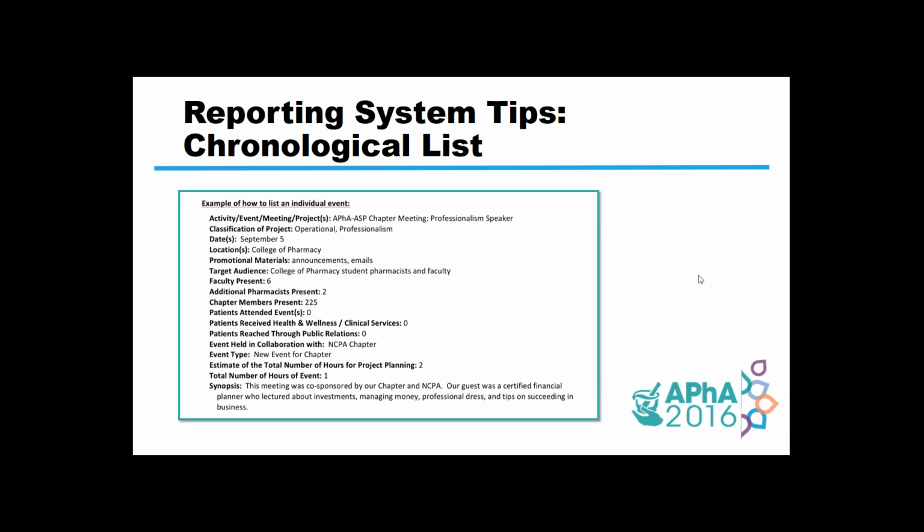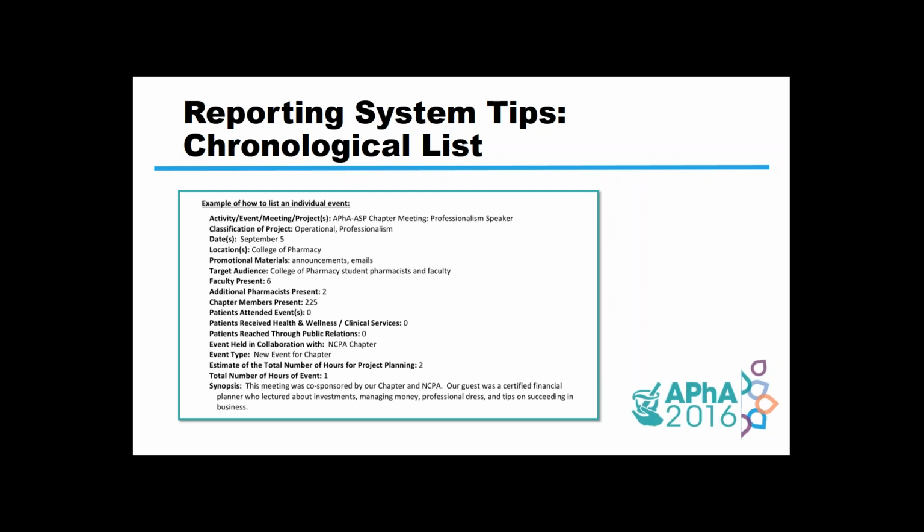All right. Our next couple questions, just as a reminder, you will be able to access this webinar after this evening. It will be posted on pharmacist.com in the chapter achievement report section within APhA-ASP's portion of the website. So that will be available for you to listen to the recording or to share with your fellow chapter officers.